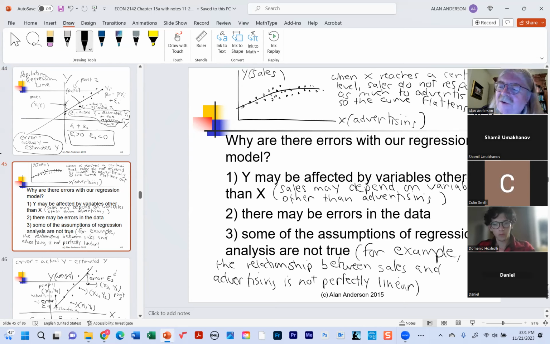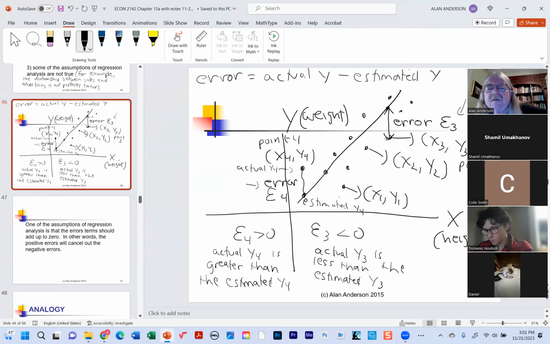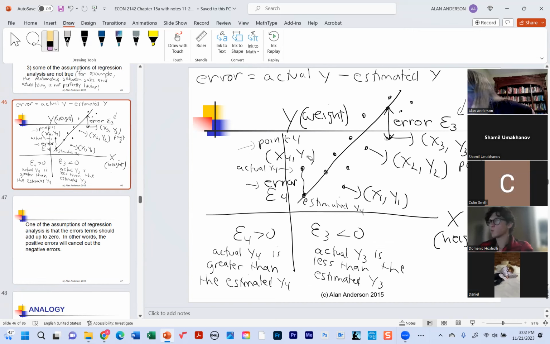All right. Now I've got another diagram. I've been drawing diagrams all day, and it's been fun. After a while, this document will be mostly handwritten notes. So this one refers to the weights and the heights. Here's point 4 over here, and it means that you have the ordered pair x4, y4.